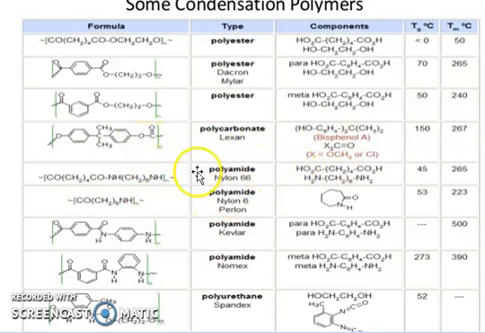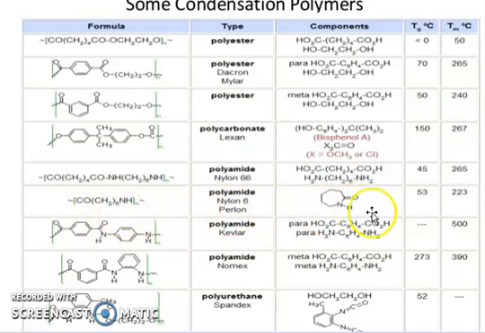Next, this is polyamide nylon 66. As we know, the monomers of nylon 66 are adipic acid and hexamethylene diamine. In hexamethylene diamine and adipic acid, an amide bond, the CONH bond, is formed. That's why it is a polyamide. Similarly, this is also an example of polyamide.